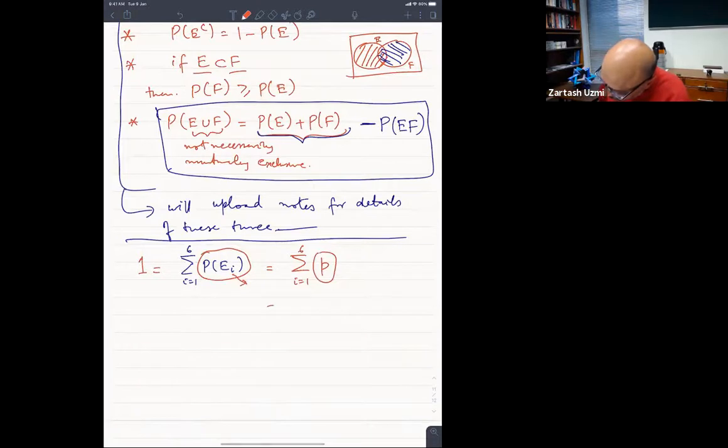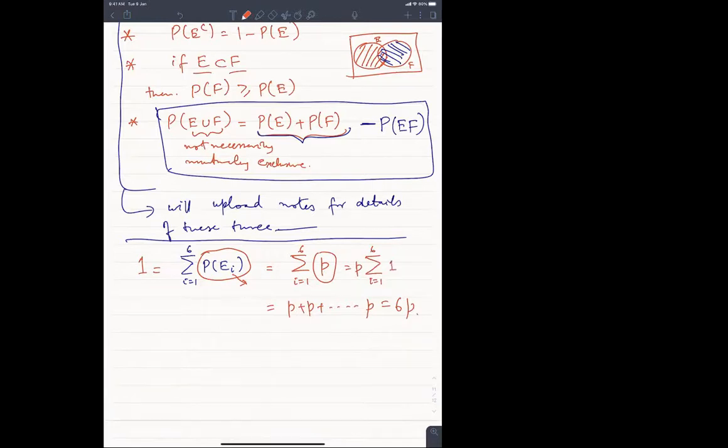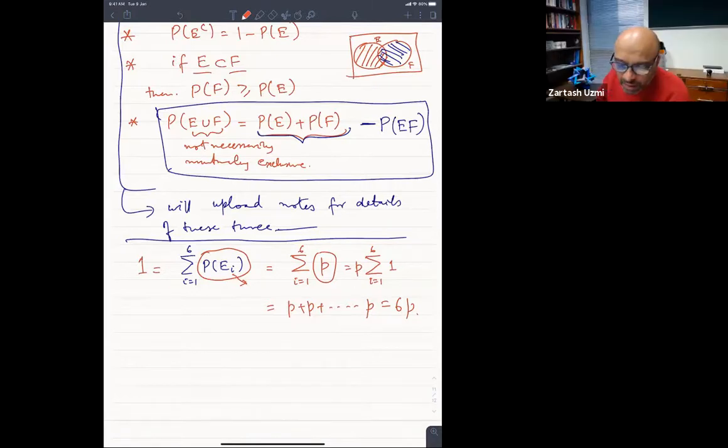ठीक है, अब इसमें से आप इसको ऐसे भी कर सकते हैं कि इसको P प्लस P 6 दफा लिख दें तो 6P आ जाएगा. या अगर इस P को हम summation से बाहर निकाल लें, i equal to 1 to 6, तो अंदर क्या बचेगा? अंदर आपके पास 1 रह जाएगा ना, P multiplied by 1. तो 1 को 6 दफा आप add कर लें, वो भी answer 6P आ जाएगा.